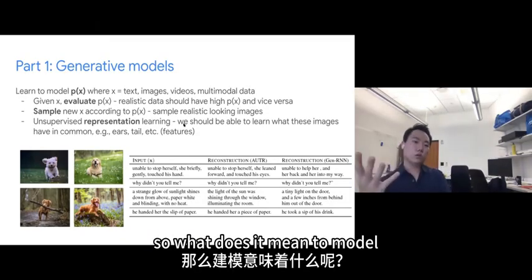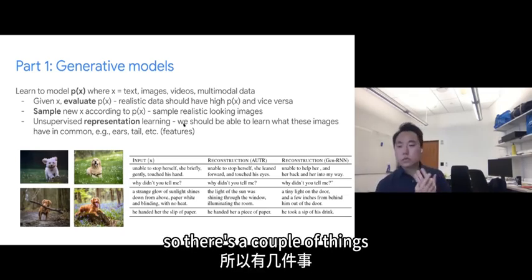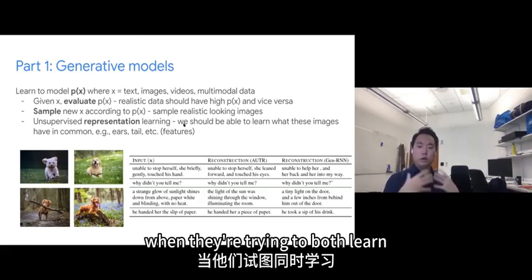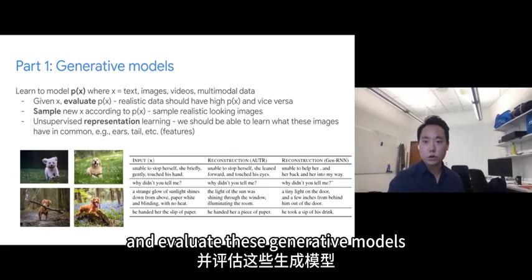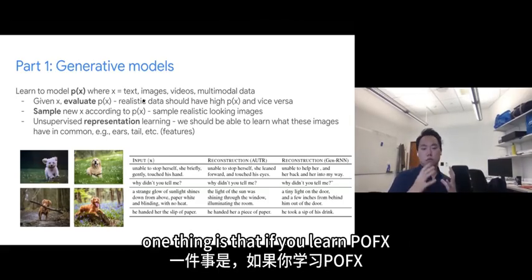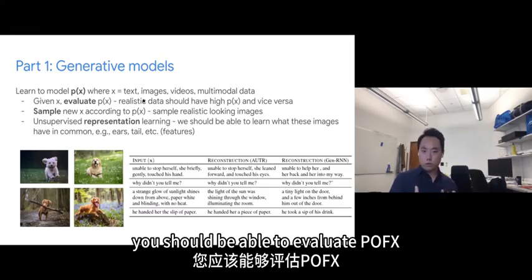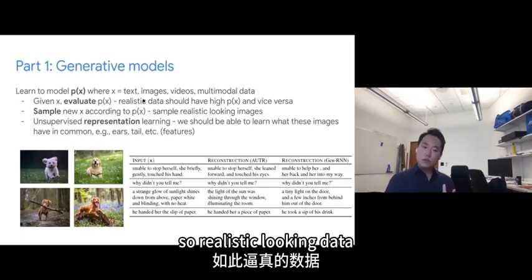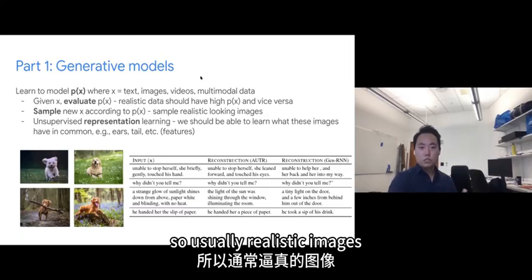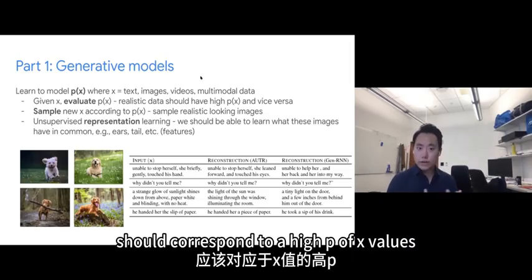So what does it mean to model? There's a couple of things that people usually look at when they're trying to both learn and evaluate these generative models. One thing is that if you learn P of X, if you're given a new X, you should be able to evaluate P of X. So realistic looking data, usually realistic images, should correspond to high P of X values.